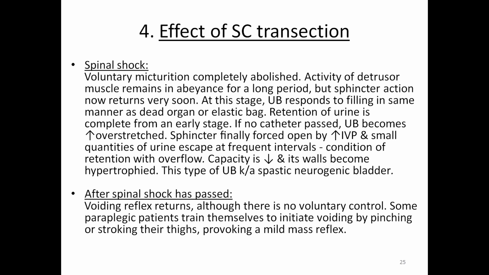The capacity is reduced and the walls become hypertrophied, and this type of bladder is sometimes called spastic neurogenic bladder. And owing to excessive stretching of the bladder wall, its nutrition also suffers and it becomes very prone to infections, and cystitis may occur. The death results usually from complications of an ascending UTI.